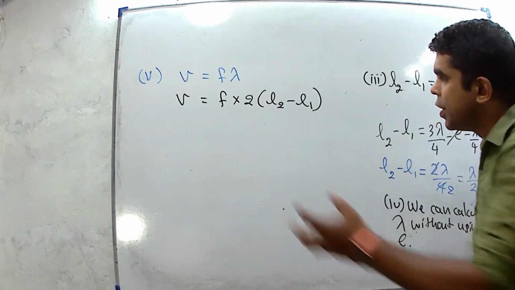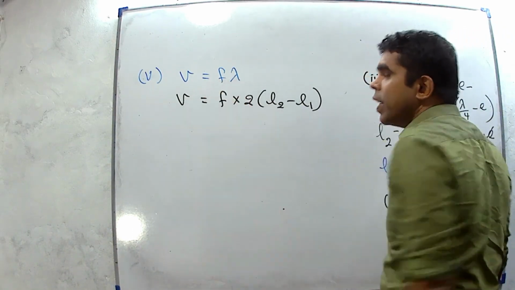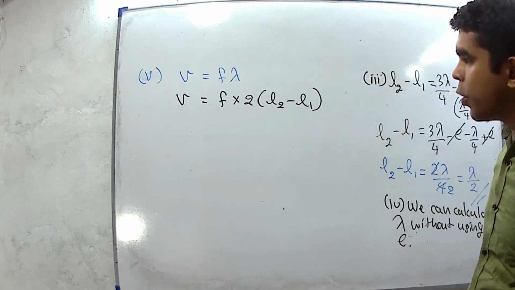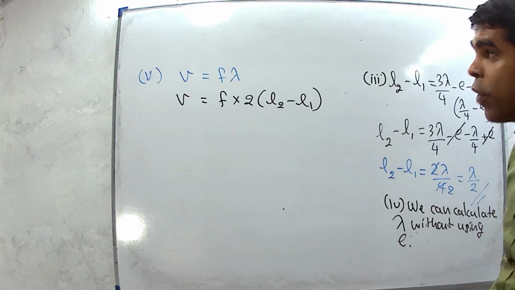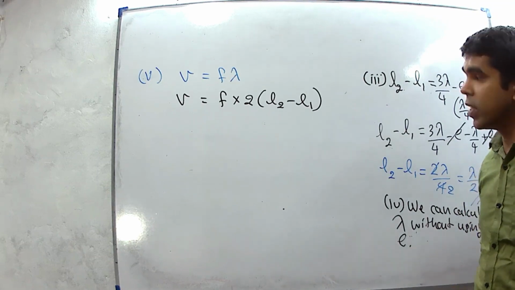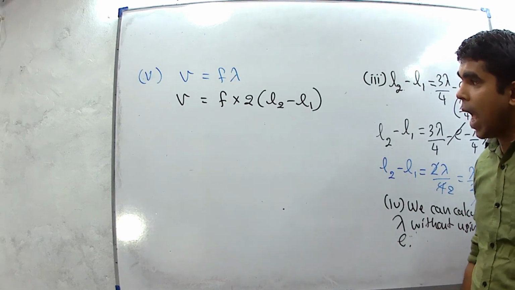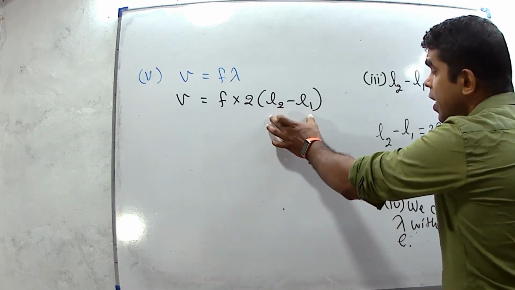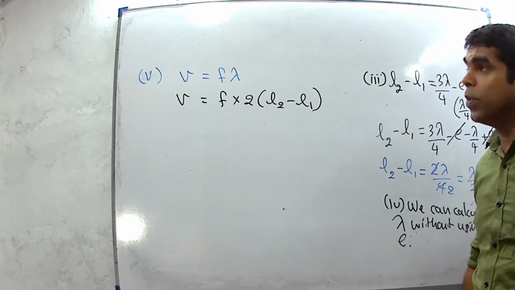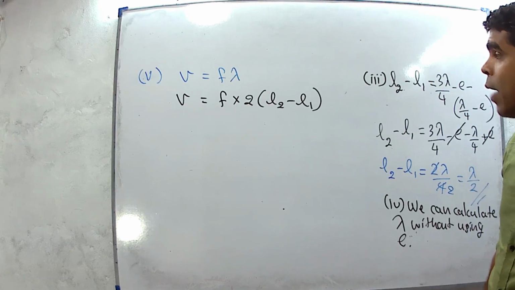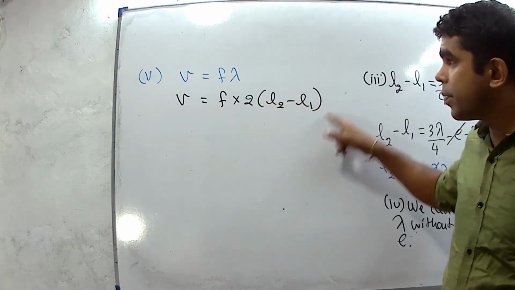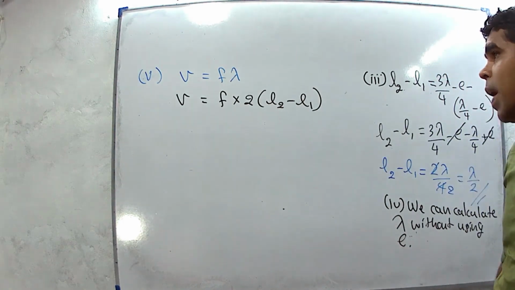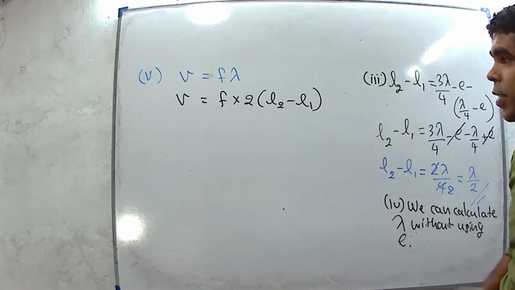Therefore, we can change the frequency of the resonance tube by using tuning forks with different frequencies. And this is the measured value. We have to take the measurement we are getting from the experiment for the y-axis.